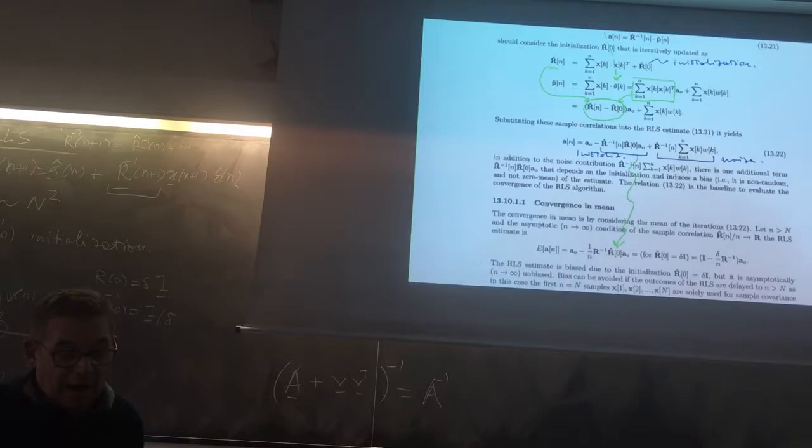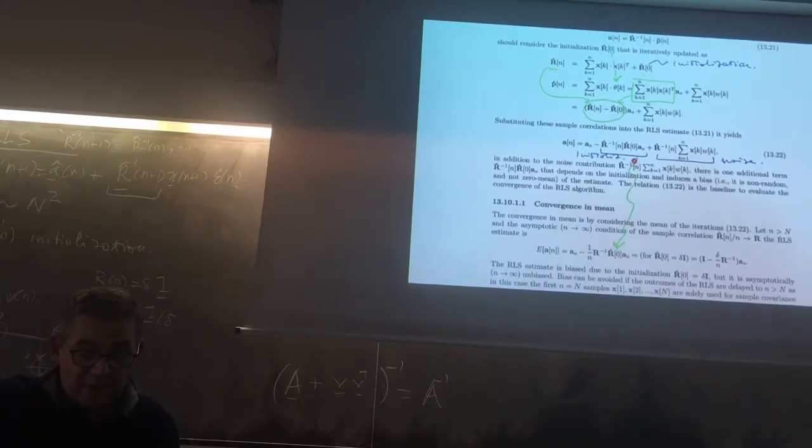I have the expectation acting only on that term, because the noise is zero mean, so the expectation of the noise goes to 0. What we notice is that in the mean it is equal to theta 0 minus an additional term, and this additional term is the bias.